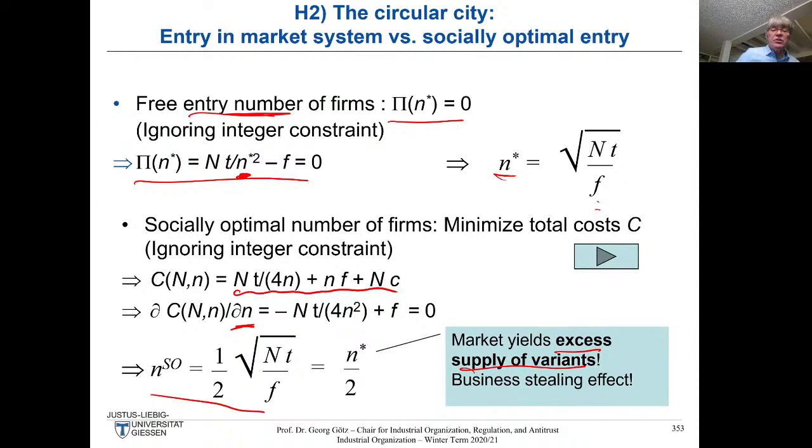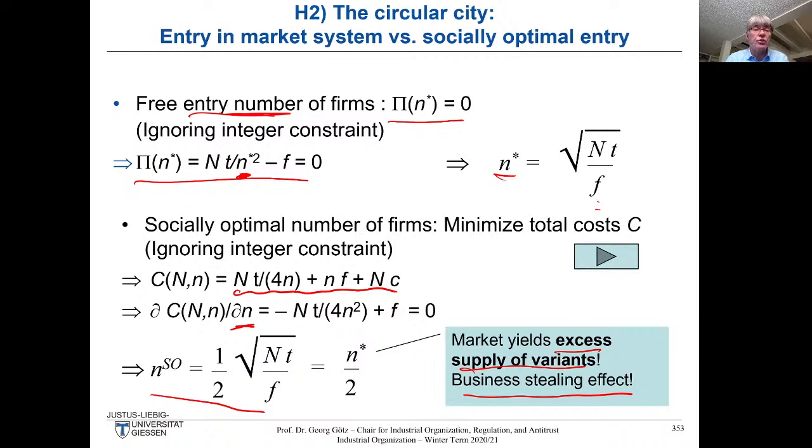Why is this so? This is due to the so-called business stealing effect. What does this mean? Actually, what is decisive when you decide about entry? Decisive is whether you break even or not. Okay, how do you break even? Actually, or what are the effects of your entry? There are actually two effects.